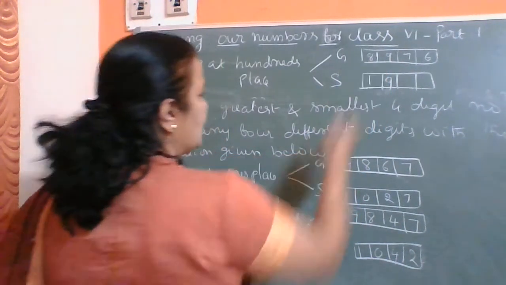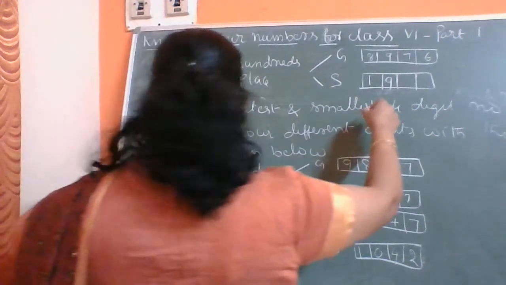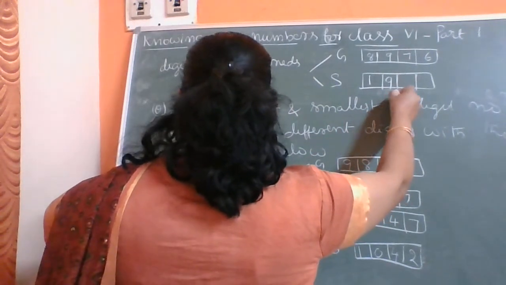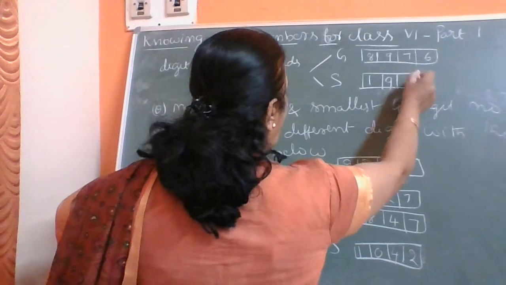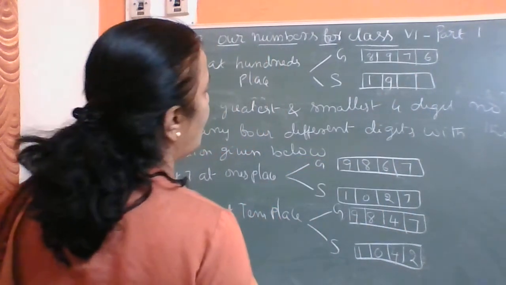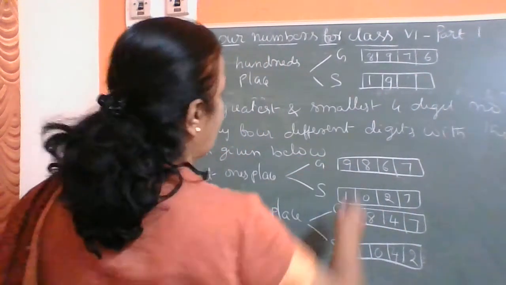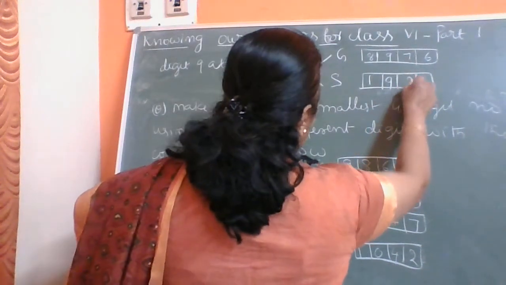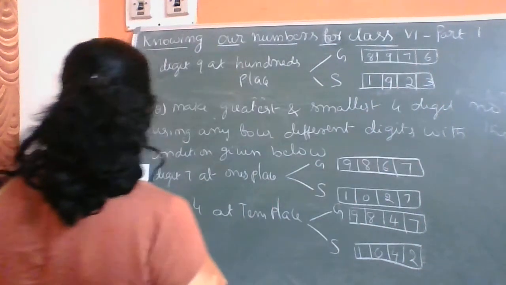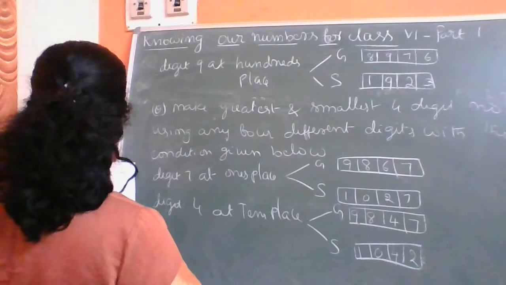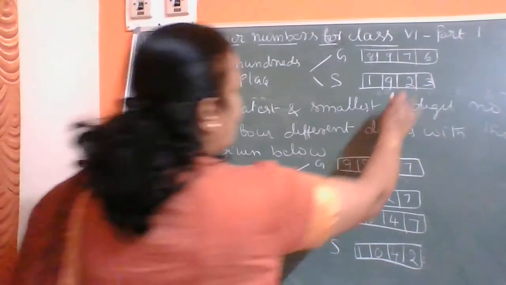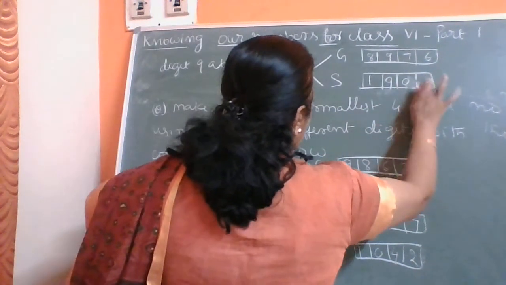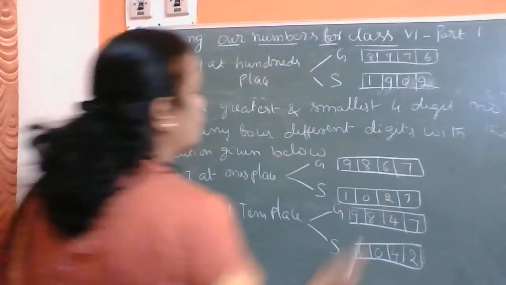You cannot start with 0, therefore 1902.